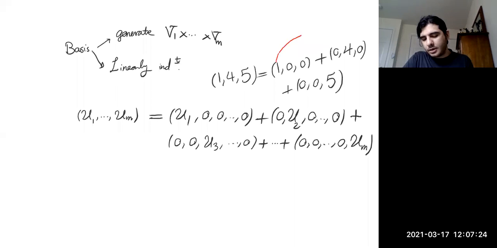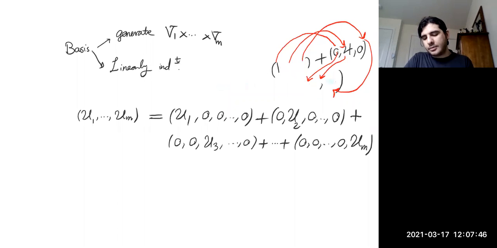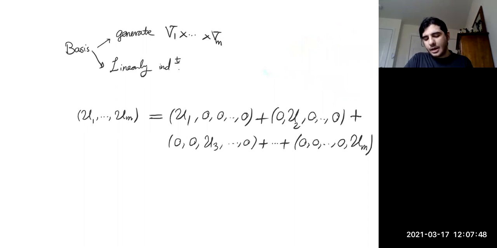So I add 1 plus 0 plus 0, which is 1. Then 0 plus 4 plus 0 is 4. And then 0 plus 0 plus 5 is 5. So this is the component-wise addition. I will erase this example here.